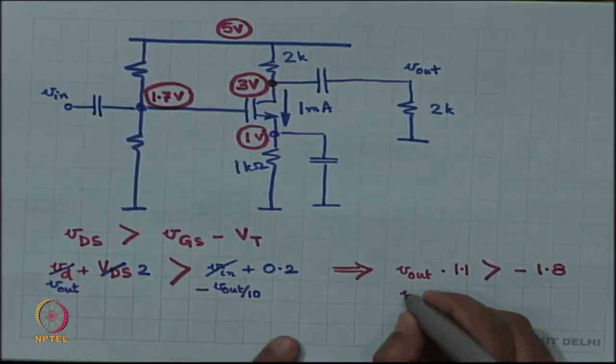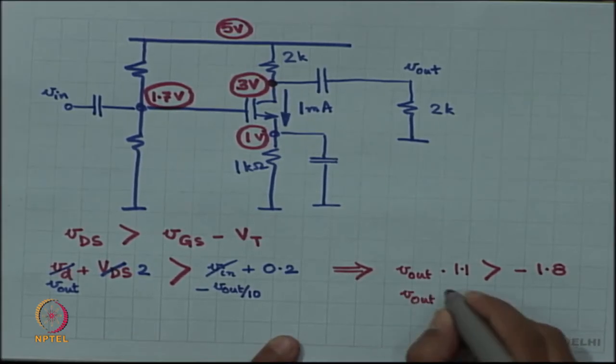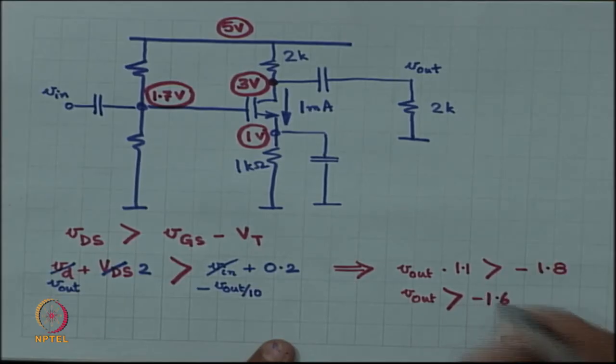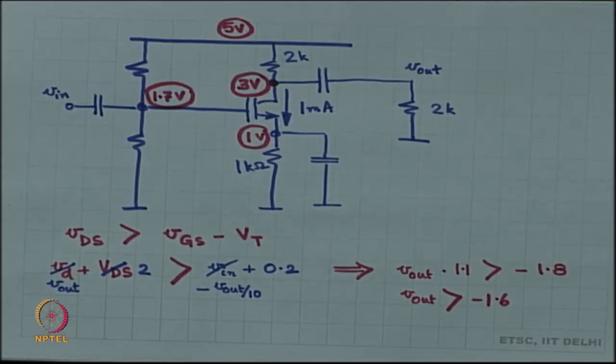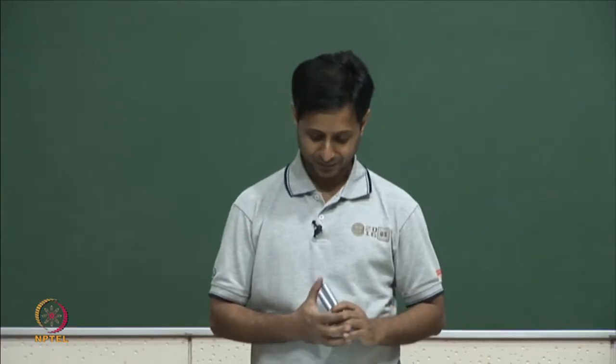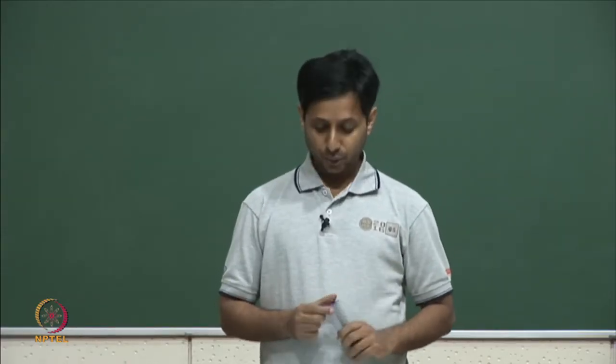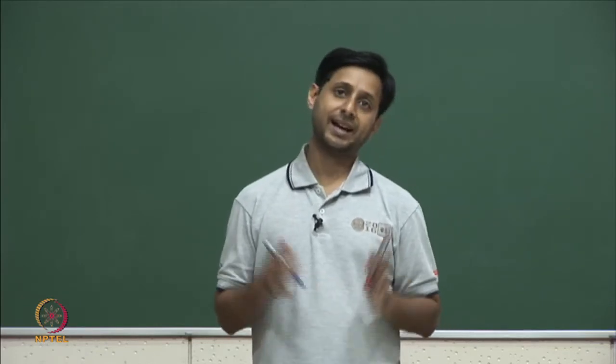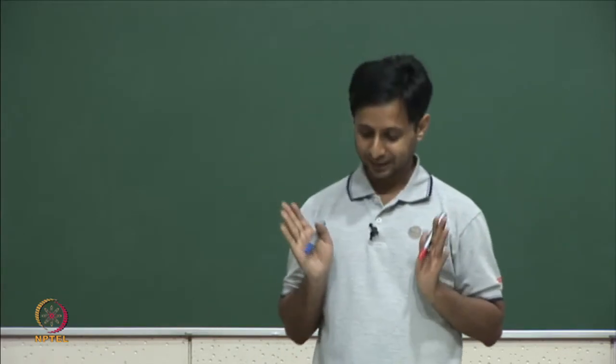So, V out is more than minus 1.8 by 1.1, whatever that is, right, 1.6. Fine. So, this is condition number 1, that drain to source voltage has always got to be more than VGS minus VT. Condition number 2 is that the current through the MOSFET has always got to be more than 0.